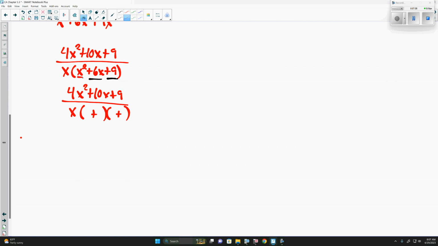Factors of the first term, x squared, well, the only factors are x and x. And the factors of 9 that we want are 3 and 3. So now the denominator is completely factored. And if we wanted to, we can consider it to be the same as x times x plus 3 squared.